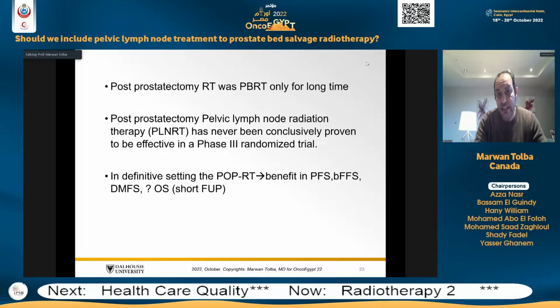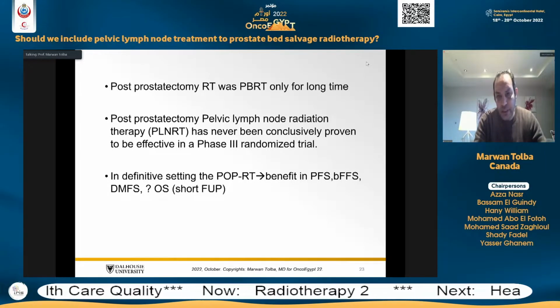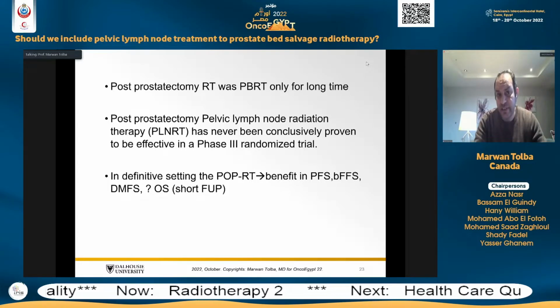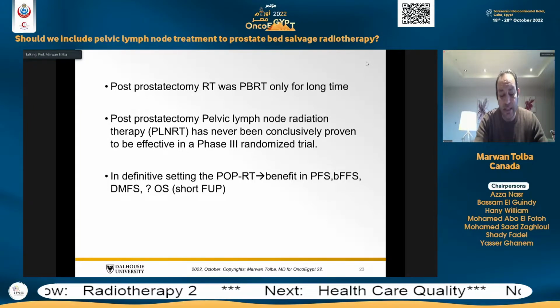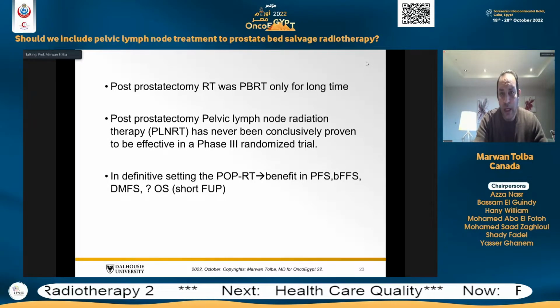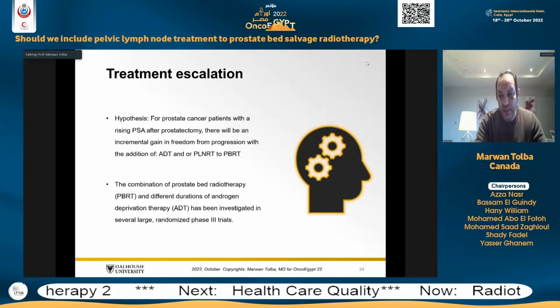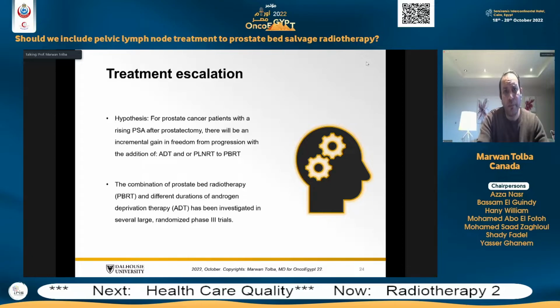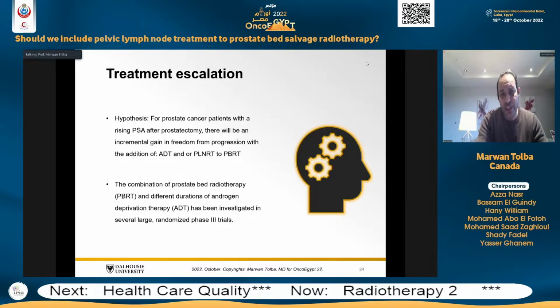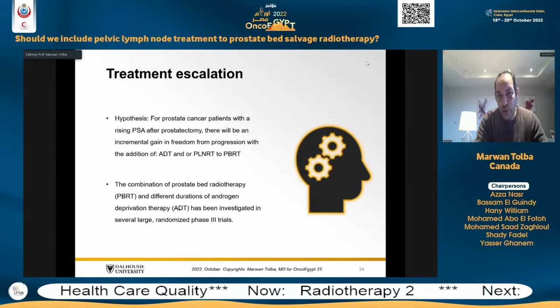In the definitive setting, we know that POP-RT last year showed benefit in biochemical-free survival, progression-free survival, and distant metastasis-free survival. However, the overall survival was not significant with the short follow-up. I will not go into these details because it's a different topic. But treatment escalation is an idea always there.